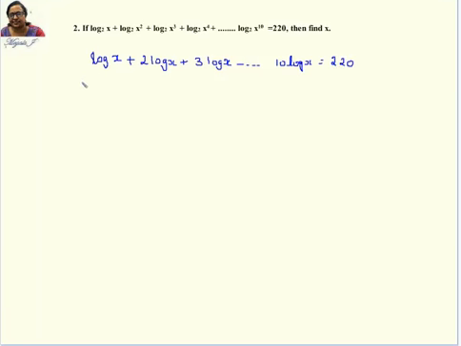So now what is common here? The log x is common. The 2 I'll write later. So here it is going to be 1 plus 2 plus up to 10 equals 220. So what is the formula for 1 plus 2 plus 3 up to 10?